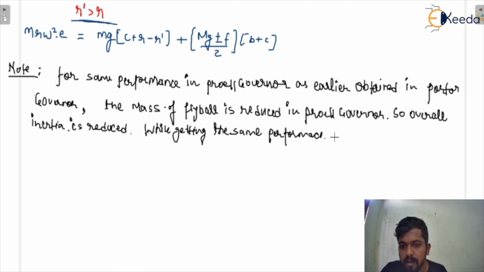We will use the Powell governor. So this is what about the performance.